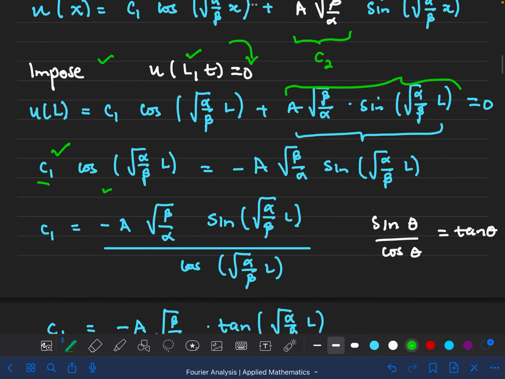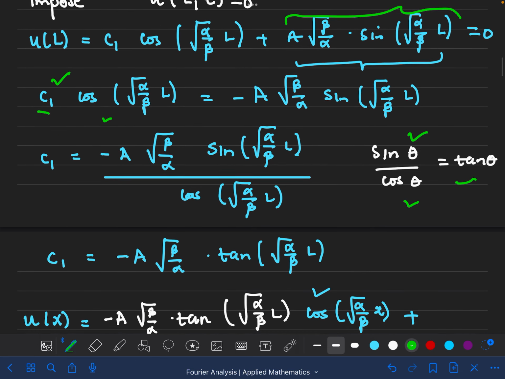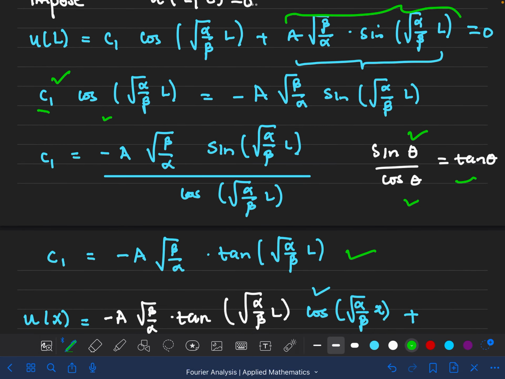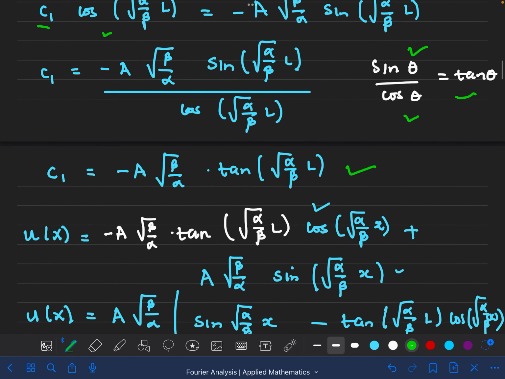And then we recognized that sine of theta over cos of theta equals the tangent of theta. And then we saw that expression here.